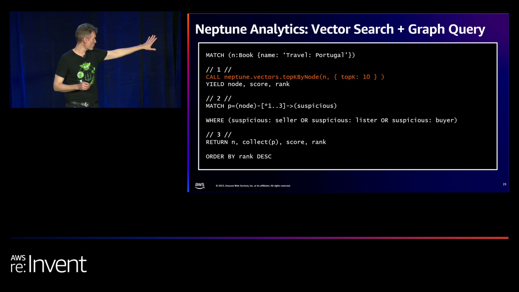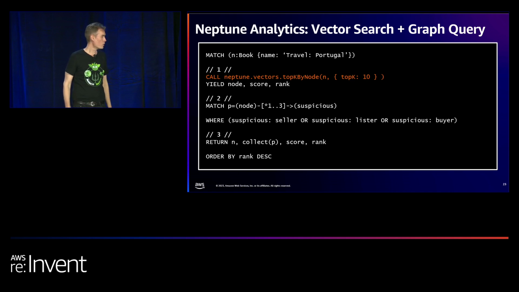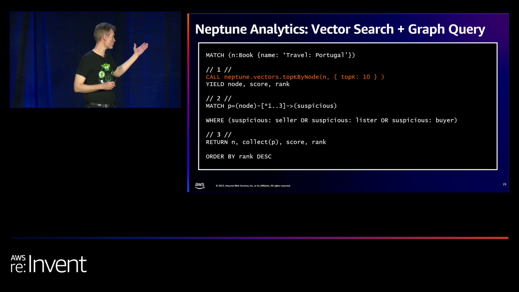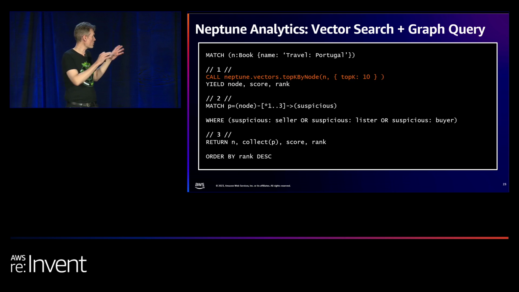In the next line, where the 1 is in comments there, we're doing another stored procedure invocation. In this case, we're calling a top K algorithm across the vector search. So we found books that have this title. Now we're finding similar books.